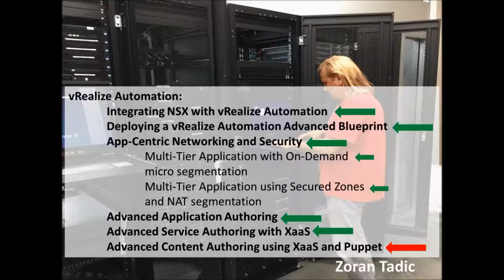XaaS, formerly known as Advanced Service Designer, brings new features and capabilities to vRealize Automation 7. With XaaS, anything that can be automated through a vRealize Orchestrator workflow can be presented and consumed as a service, opening the world of possibilities to extend vRealize Automation.